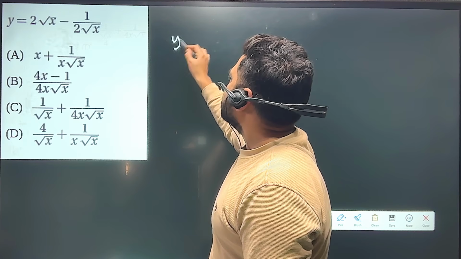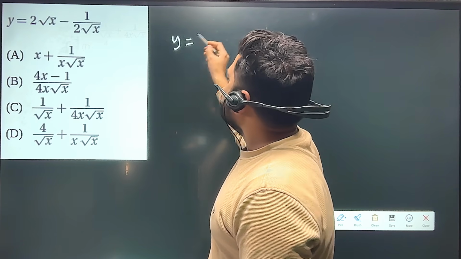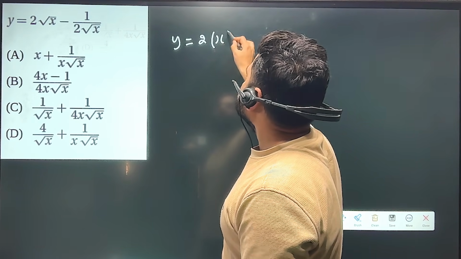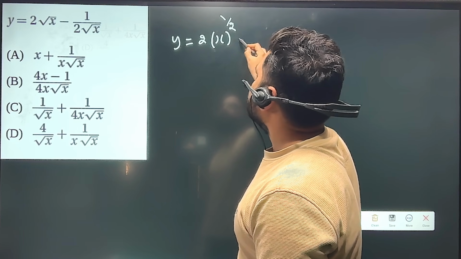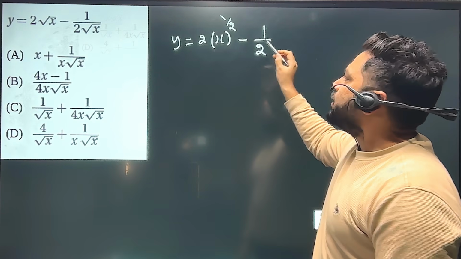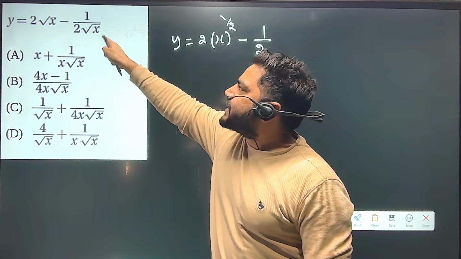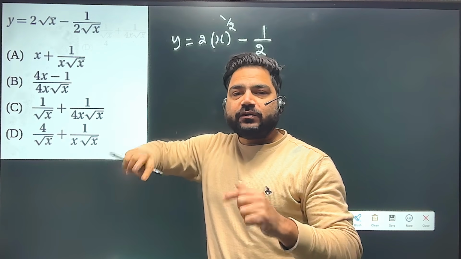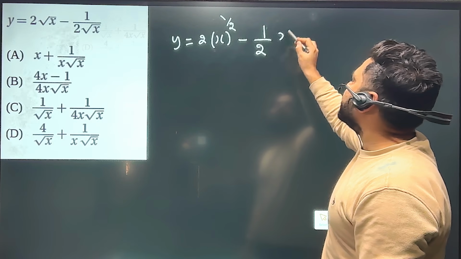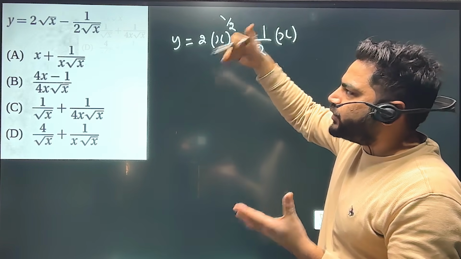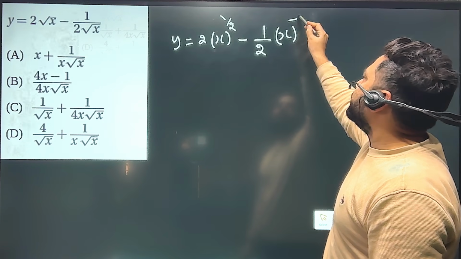So we'll write it like this. The question is 2 root x, which is x power 1 by 2, minus 1 by 2 times root x, which is also x power 1 by 2 but in the denominator. We'll take it to the numerator, so the power becomes minus 1 by 2.